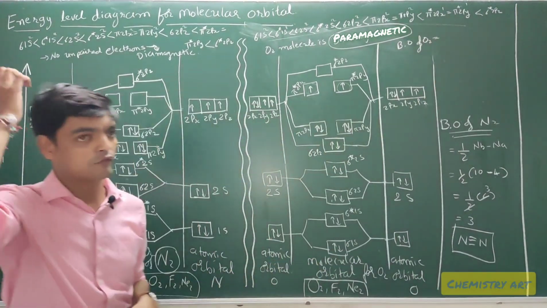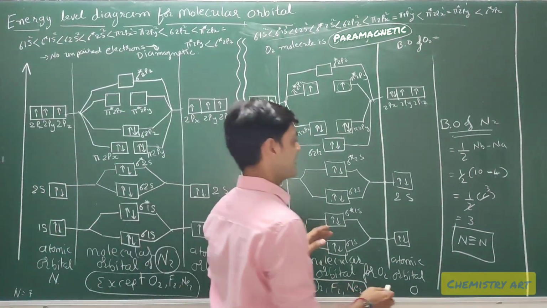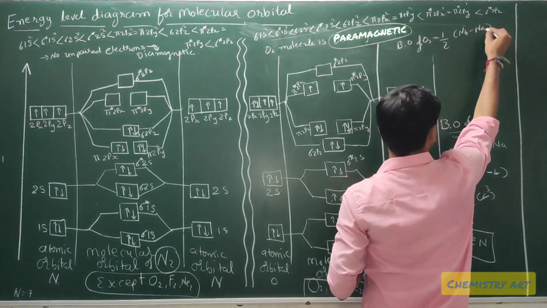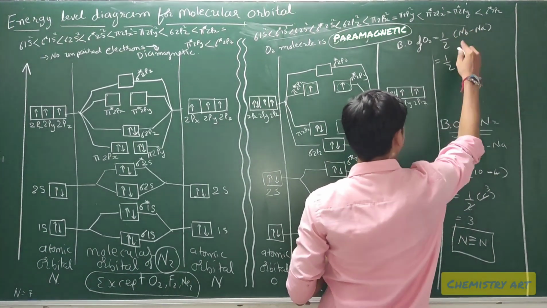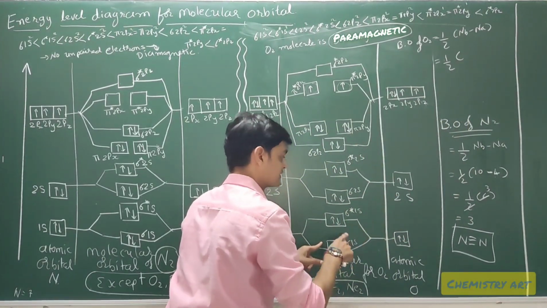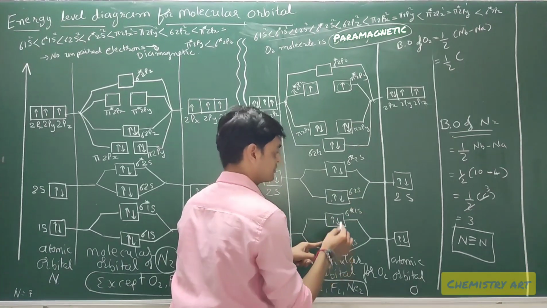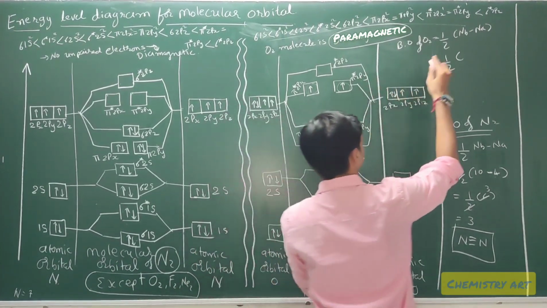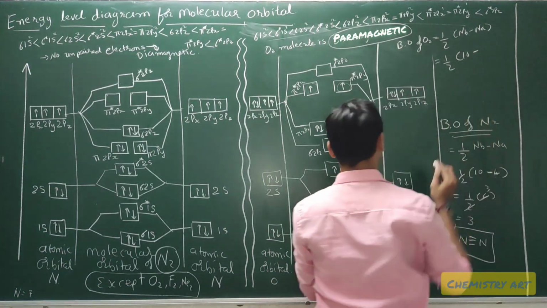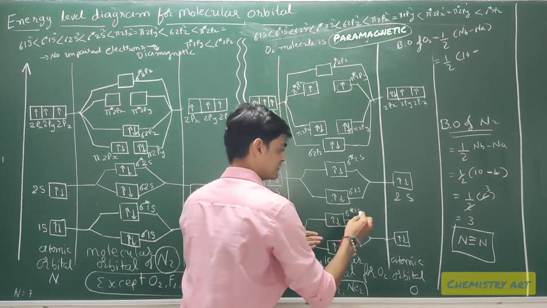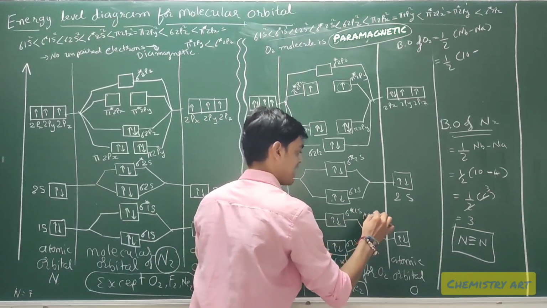Just like nitrogen, you can also calculate the bond order of O2. It will again use the formula one half (NB minus Na). So one half times the number of bonding electrons, without star, that is 1s, sigma 2s: 1 2 3 4 5 6 7 8 9 10, total 10 are there, minus the anti-bonding molecular orbital electrons.